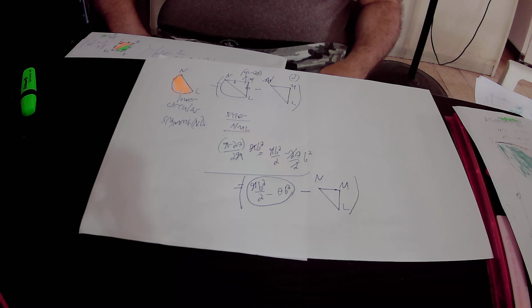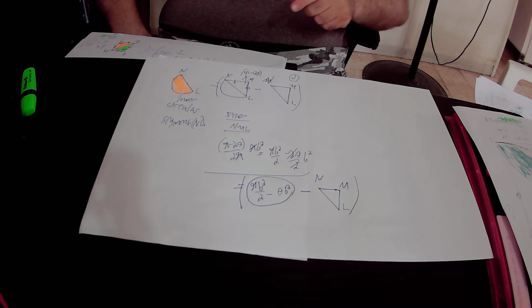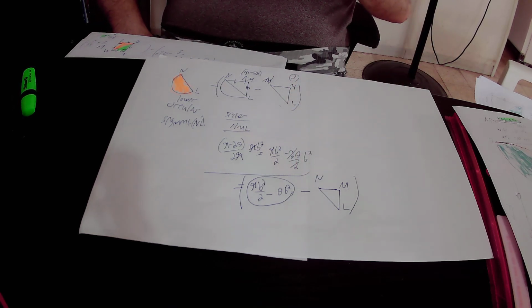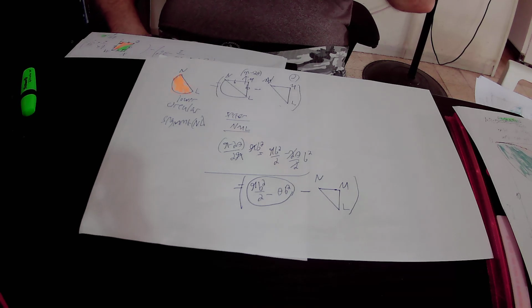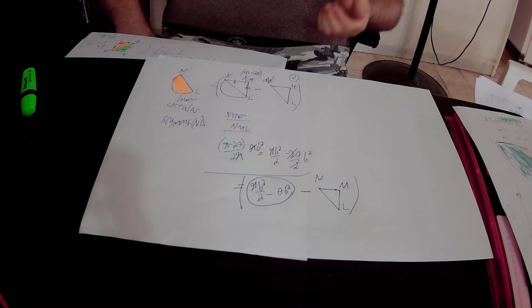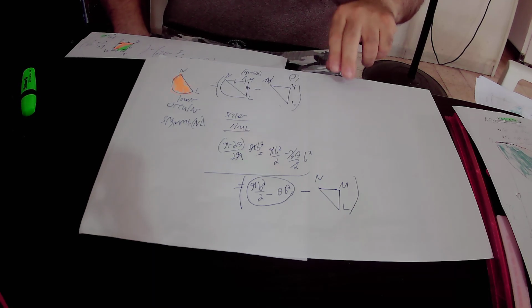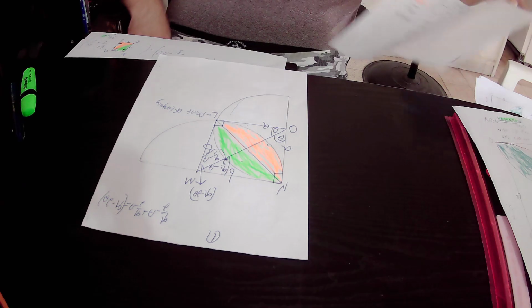Okay, so the area of sector NML equals pi b squared over 2 minus theta b squared, minus the area of triangle NML. So we have to subtract the areas of the two triangles from the sum of the areas of the two sectors. Here.